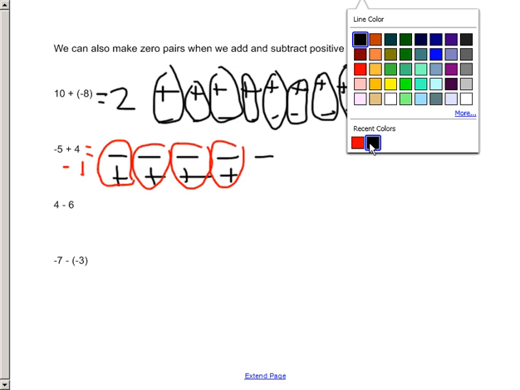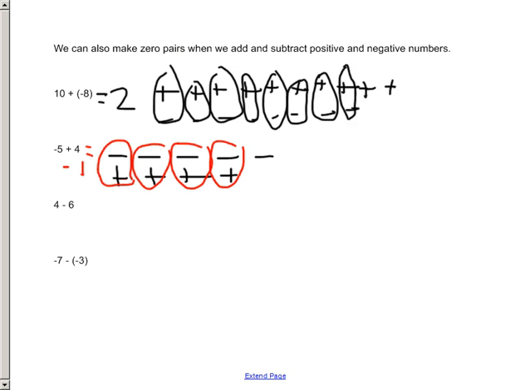So in my next picture, I've got 4. Okay, and I want to subtract a positive 6.